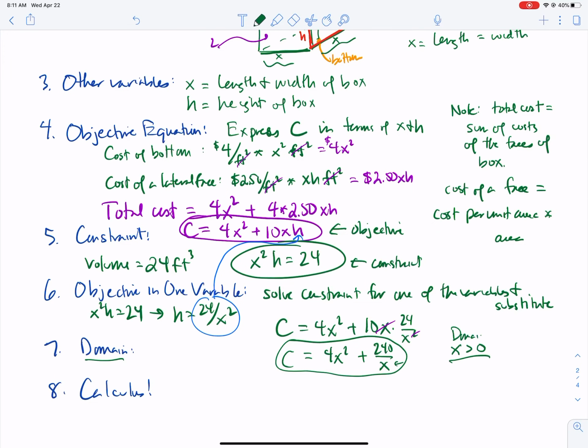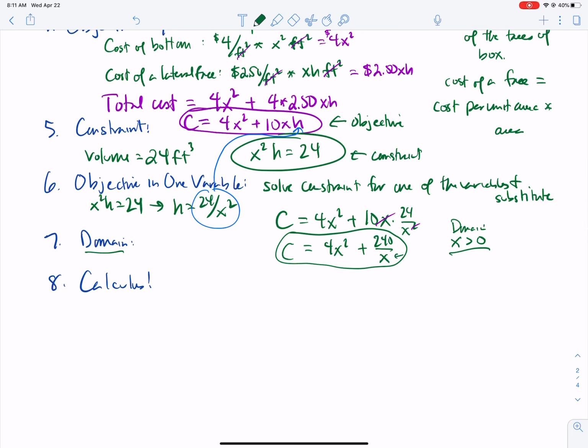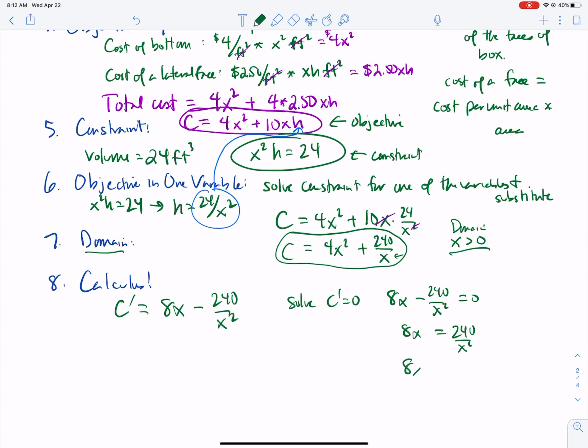Now that I've got all that set up, I can use calculus. So what we're going to do here is find the critical number. So C prime is 8x minus 240 over x squared. So I want to solve C prime equals 0. 8x equals 240 over x squared. 8x cubed equals 240. x cubed is equal to 30.